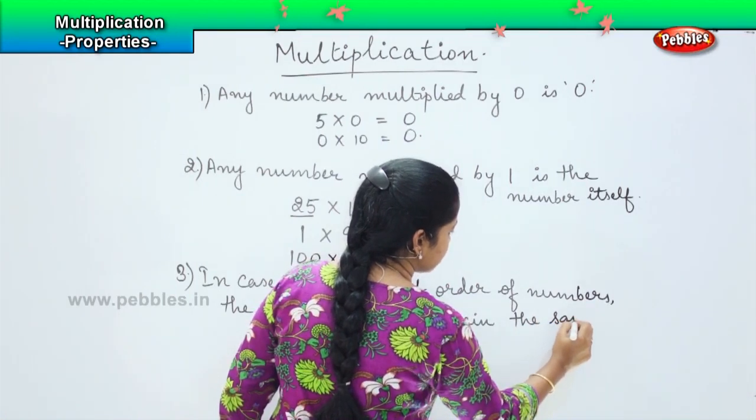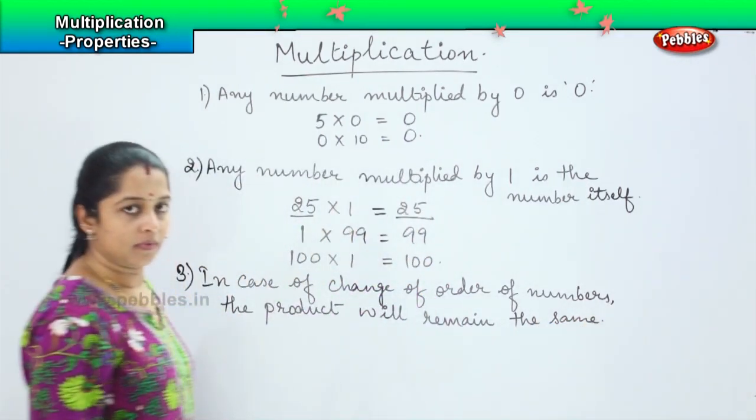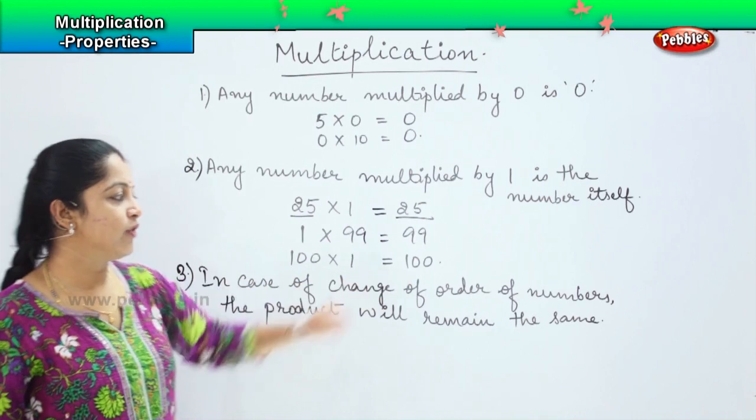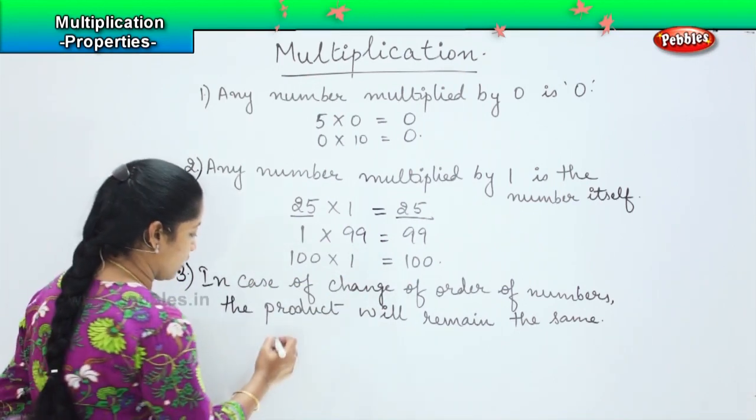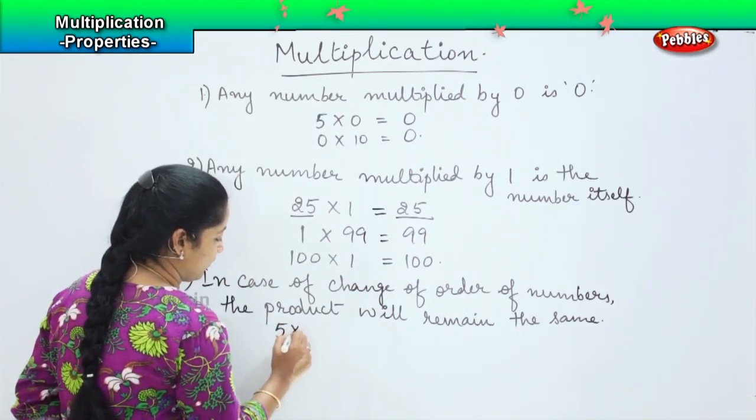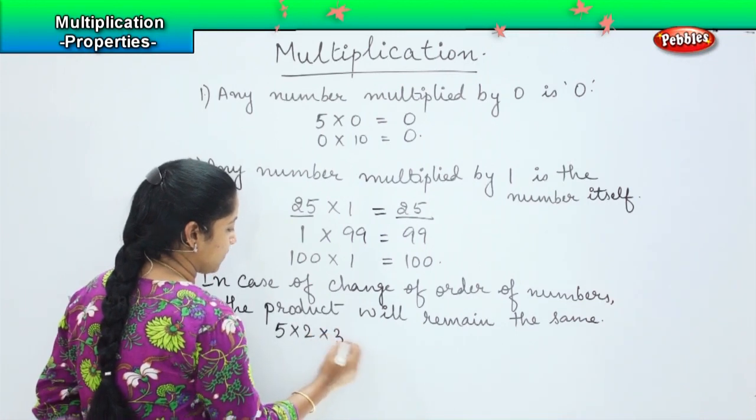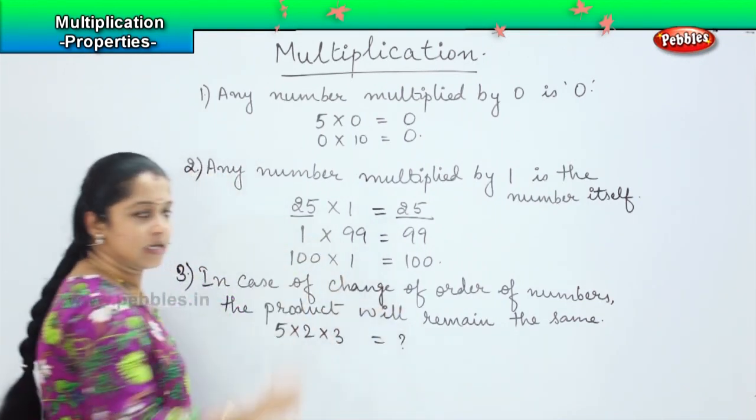So, what does this mean, children? In case of change of the order of numbers, for example, now if I have say 5 into 2 into 3 and I need to find the answer.